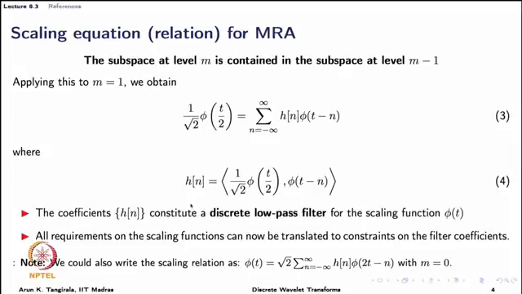By the way, before we talk about how the constraints on phi translate to constraints on h, you may also note that equation 3 could be written for any two successive subspaces in general. For example, I could write the basis function for V naught in terms of basis functions for V minus 1. That is the equation you see here: phi of t is root 2 sigma h of n phi of 2t minus n.